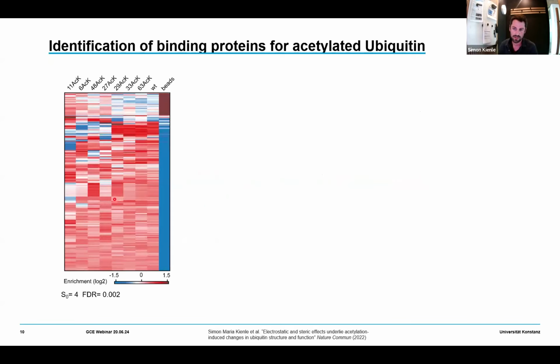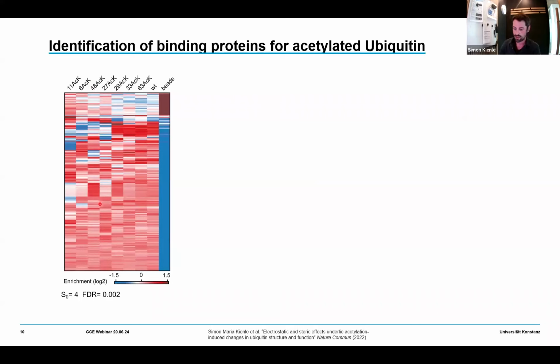What we obtained here is this heat map, where each row stands for a specific binding protein, and the color indicates either enrichment in red or depletion in blue. And what we found here is that we had specific binding behavior of binding proteins to each acetylated ubiquitin variant, for example here with ubiquitin acetylated at position 48.